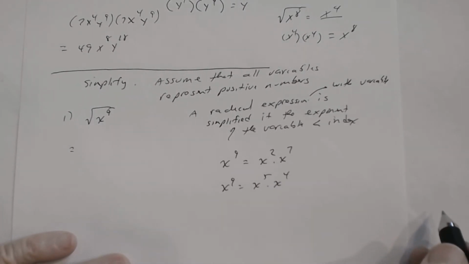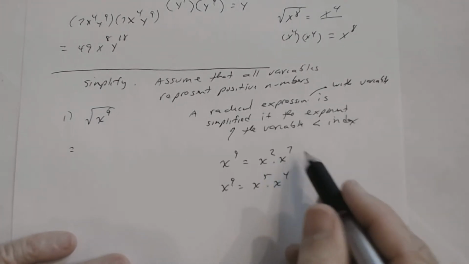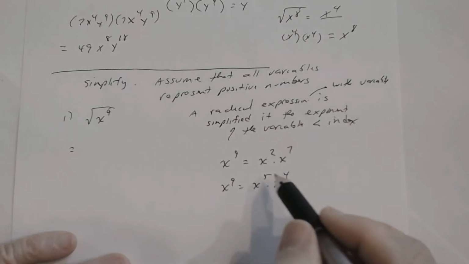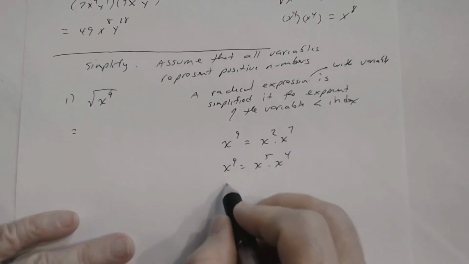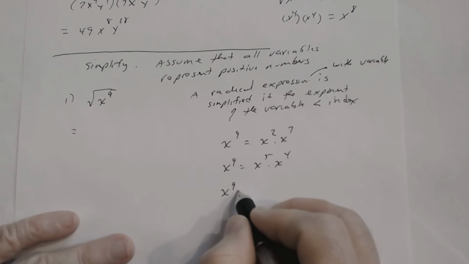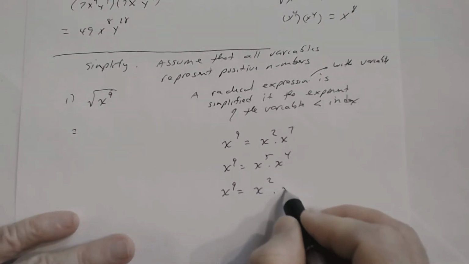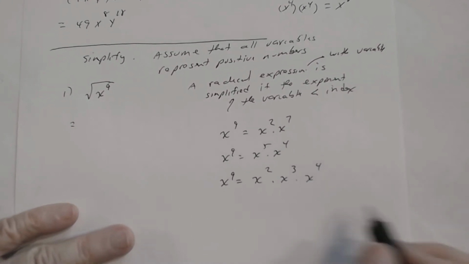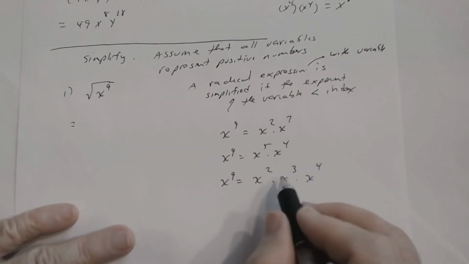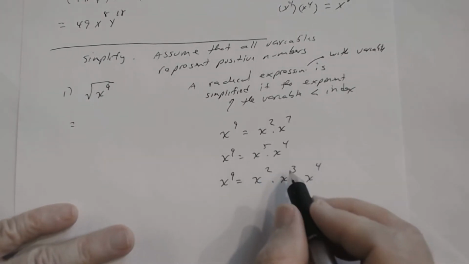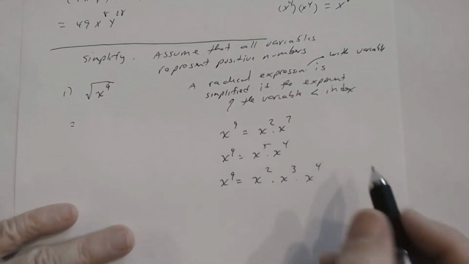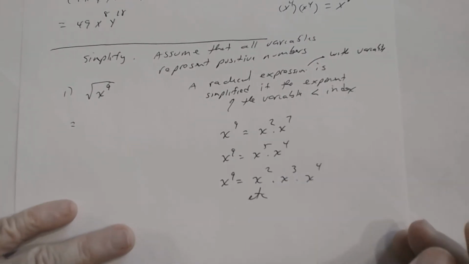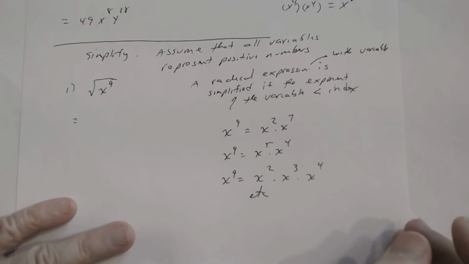You can also rewrite it as x to the second times x to the third times x to the fourth, because when you multiply like bases, you add exponents. 2 plus 3 is 5, 5 plus 4 is 9. So those are all multiple ways of writing x to the ninth.